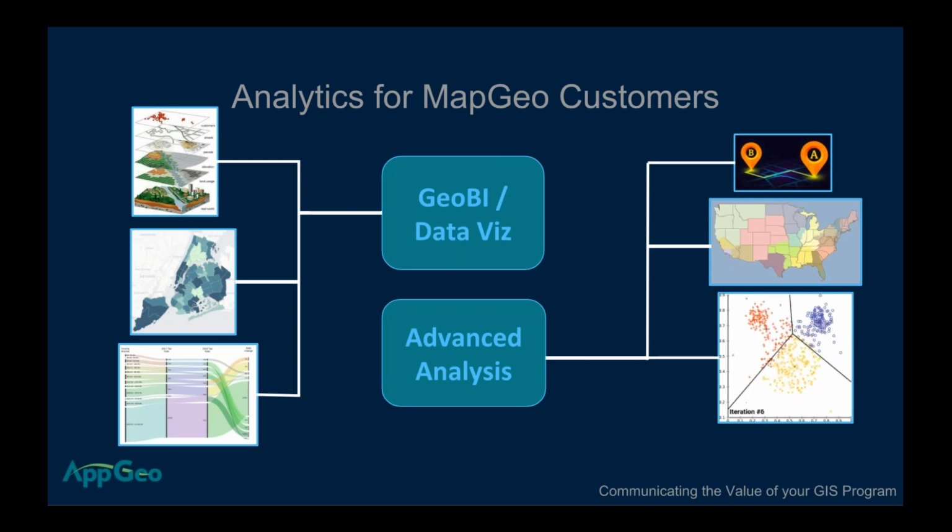Business information or business intelligence or data visualization is something geospatial experts have been doing for a very long time. We layer data, we style it in particular ways, or we can take that same tabular information and show it in other ways via charts.